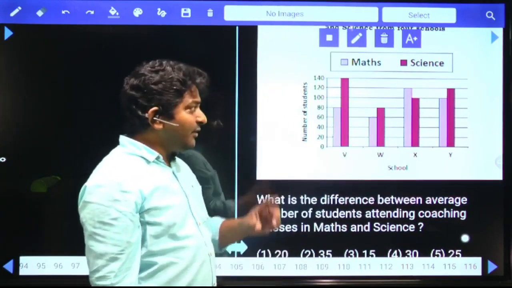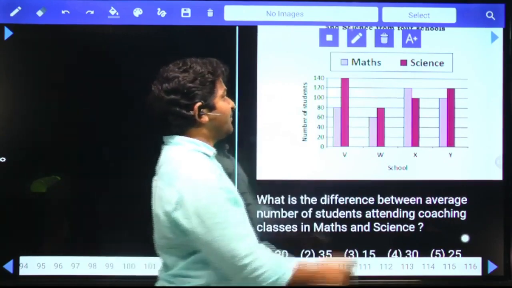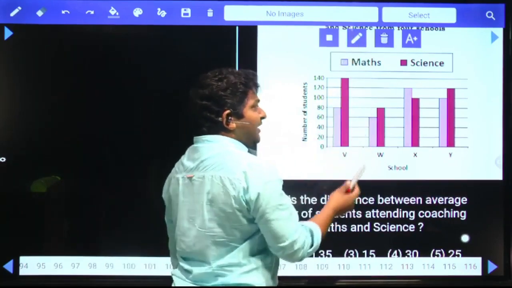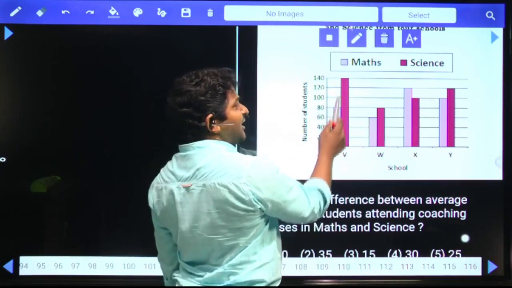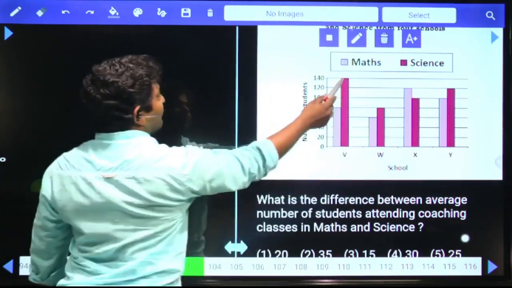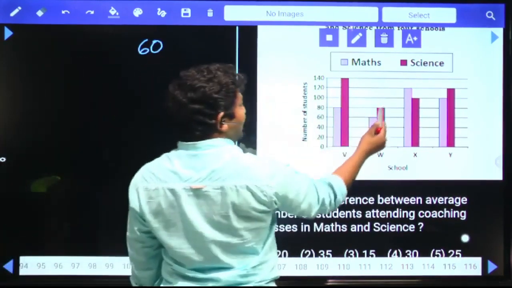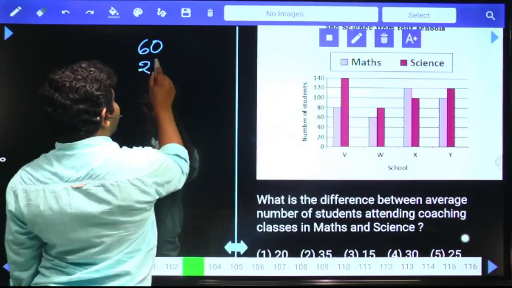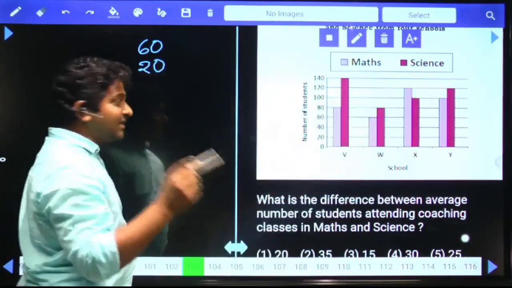Instead of that, we can even go for individual differences and then convert to an average. Every time subtract the maths value from the science value only. Subtract 80 from 140, you'll have 140 minus 80, 60. 80 minus 60, 20. 100 minus 120, minus 20.